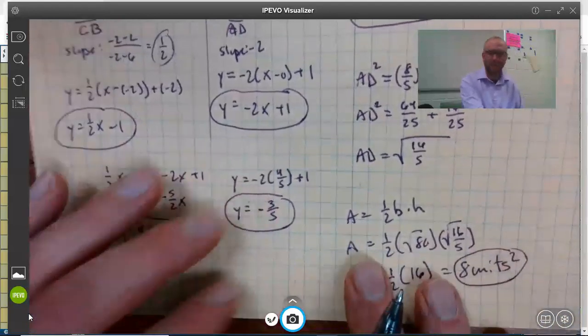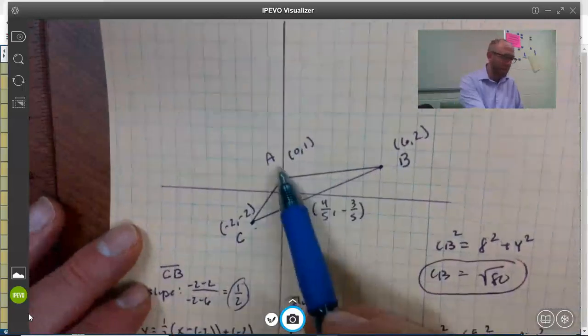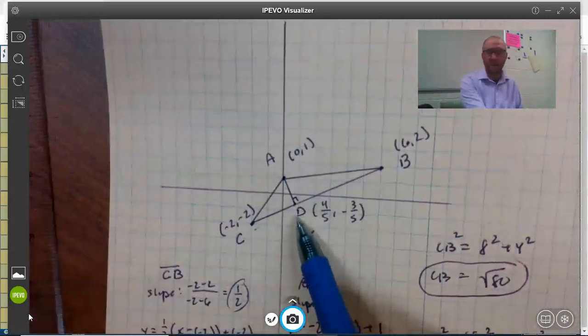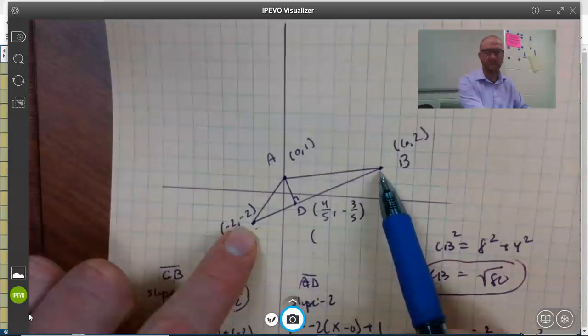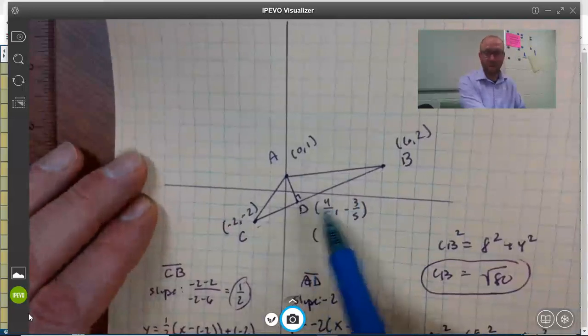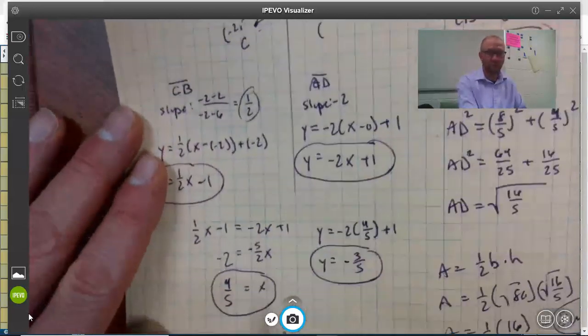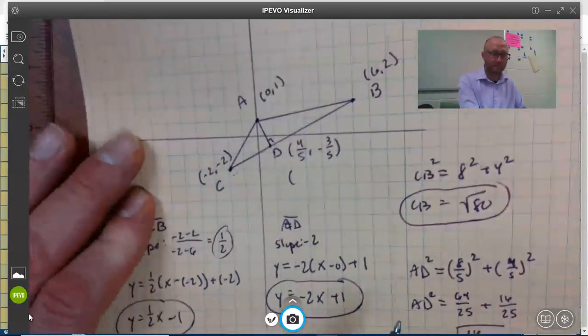units squared. Okay. So again, we find the equation for CB. We write the equation for AD using the slope being the negative reciprocal of the slope of CB. We find their point of intersection by setting the two equations equal to each other, solving for x, and then plugging in and solving for y.